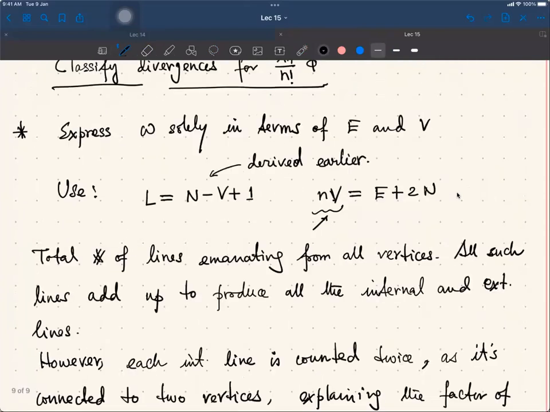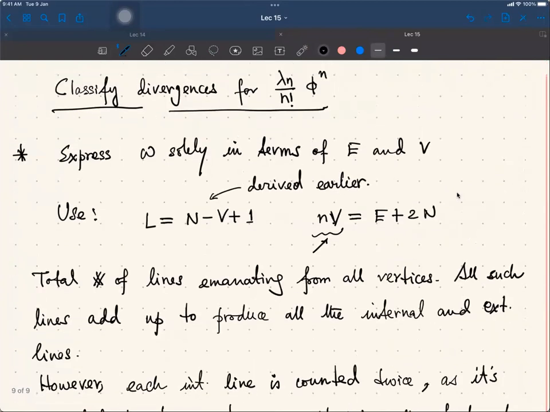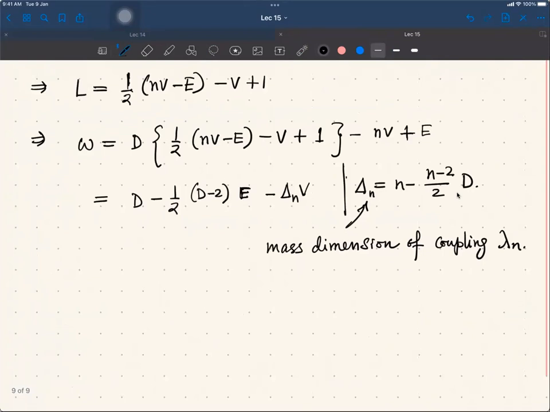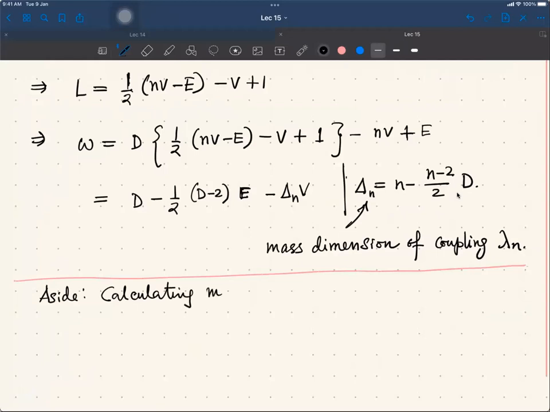Anyway, this is an aside. Calculating mass dimension. So we are working in units c equal to 1, h bar equals 1.